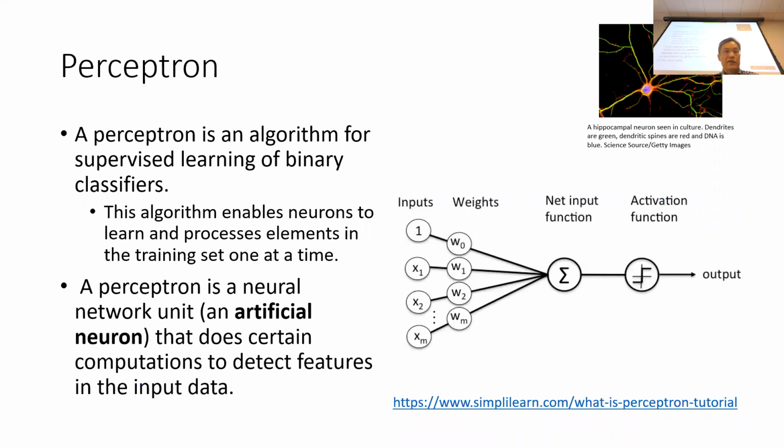Perceptron is a unit of a neural network, and it simulates neurons. When biologists worked out how neurons work, there are a lot of inputs, which generate signals, and there's an output. So computer scientists simulate this action. Let's see how this works.